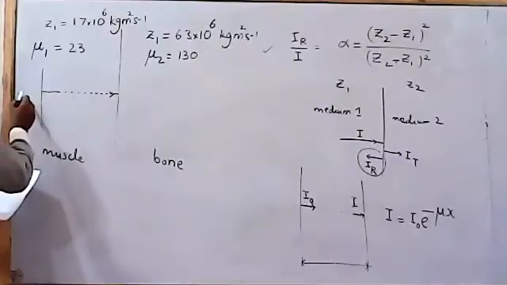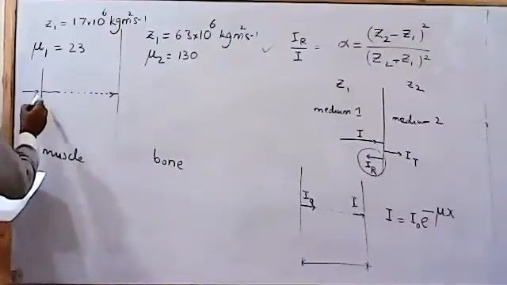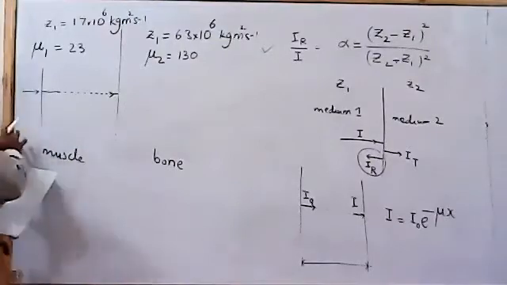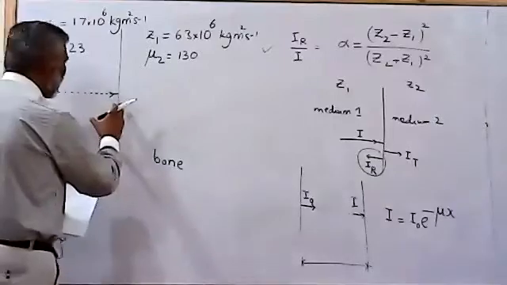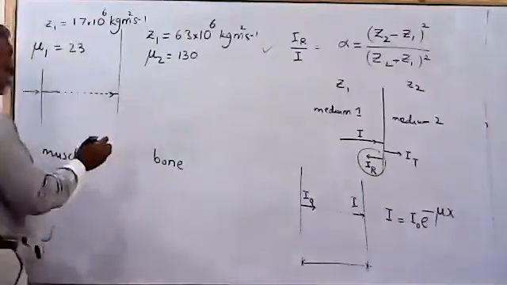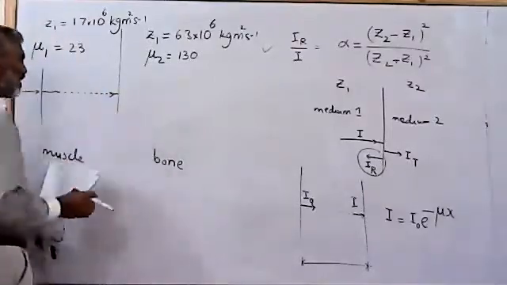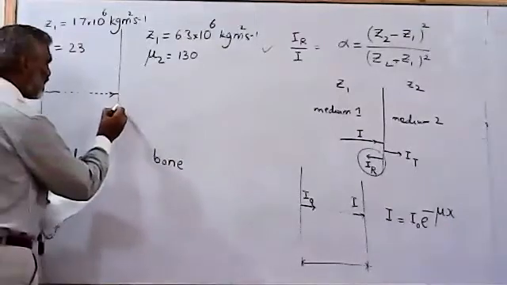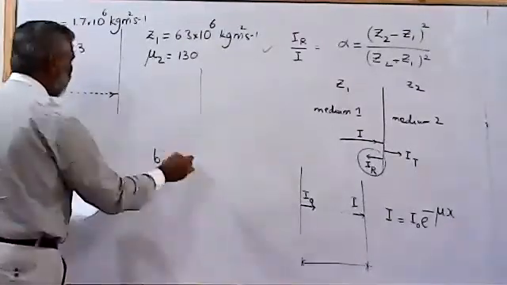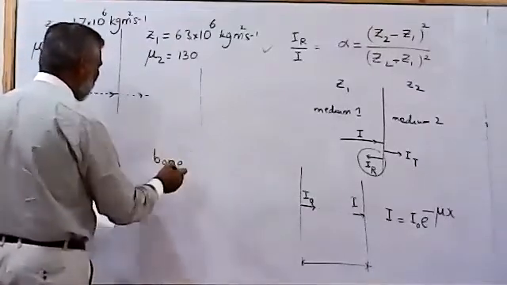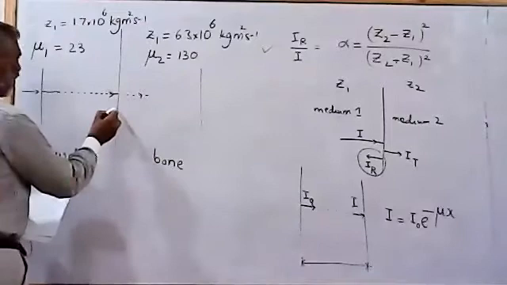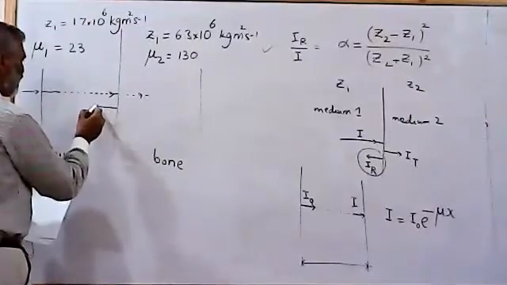If it is muscle, it will enter here first, but whatever amount enters it, what fraction of it reaches here, we'll calculate it later, but whatever arrives here, it will partly move into the next medium, bone, and part of it will be reflected back.